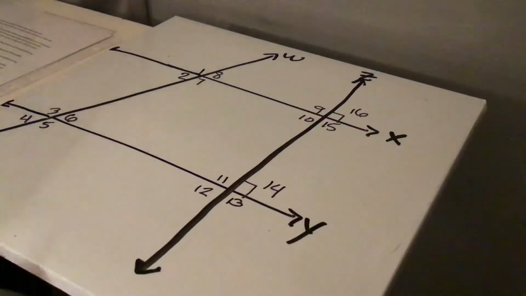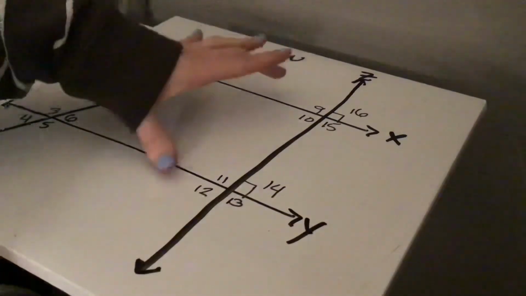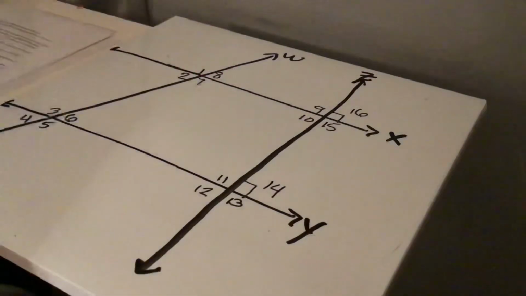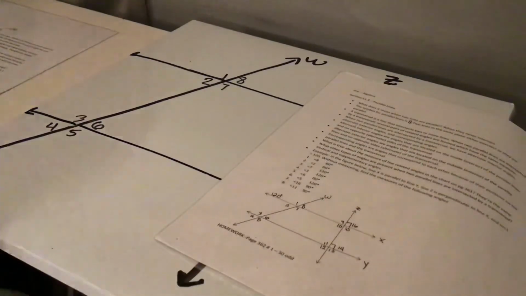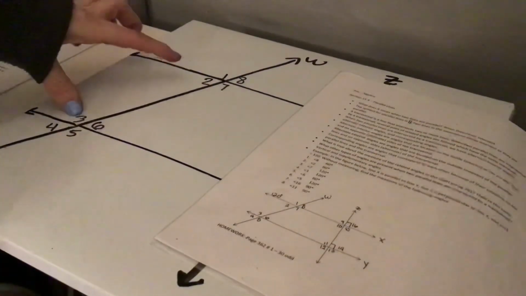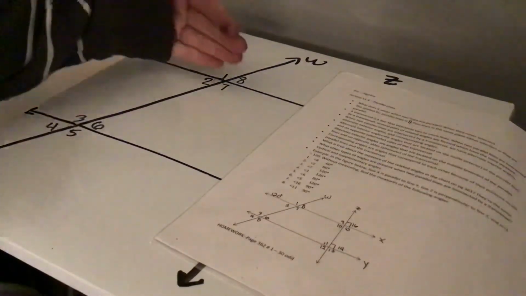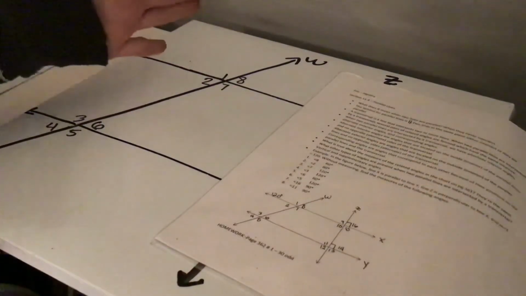Okay, so just to kind of talk about the definitions, okay? And then we'll go over the measurements here. Corresponding is the same position. So ignoring this line for a second, okay? These two lines are parallel, okay? So let me just cover that up. This is your transversal, okay? So corresponding is in the same position. So I have these four and these four that I'm relating. So like angle 1 and angle 3 would be corresponding. They're both on top of the parallel line to the left of the transversal, okay?